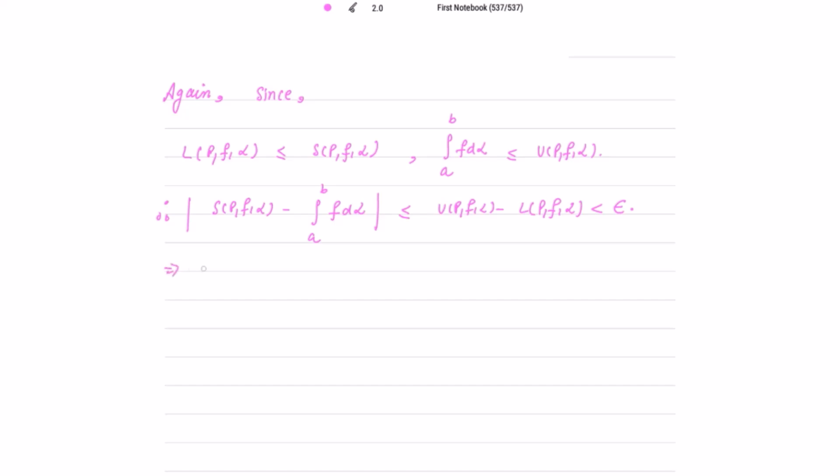Which means the modulus of S(P, f, α) minus this integral is less than epsilon.